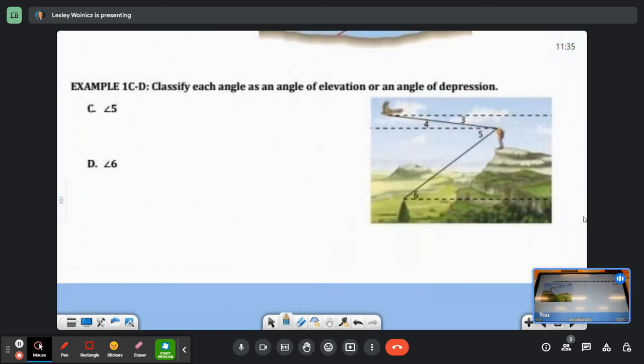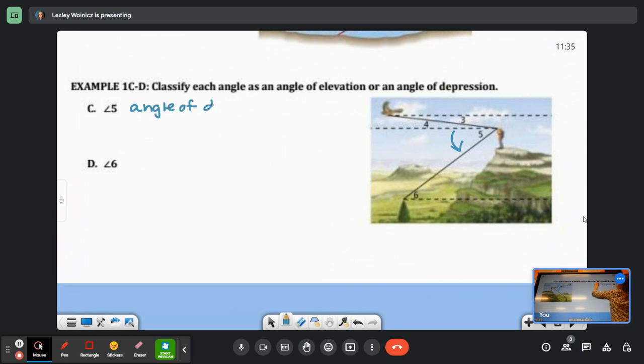We have to classify each angle as an angle of elevation or an angle of depression. What about 5? Elevation. Oh, wait, no. It goes down from the horizontal, so it is an angle of depression.